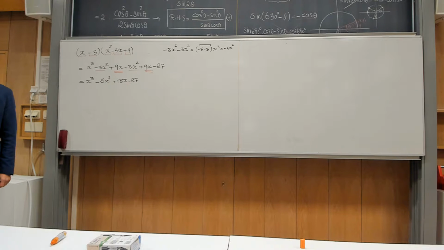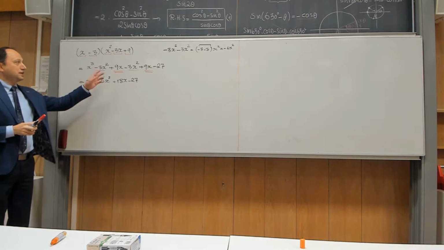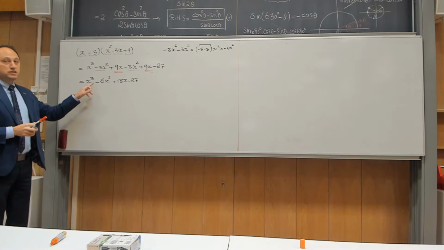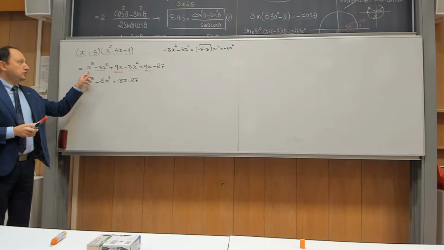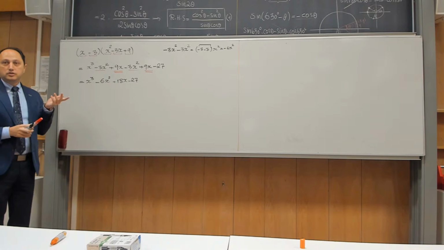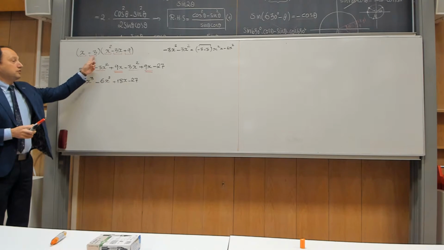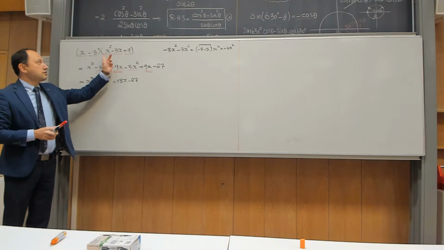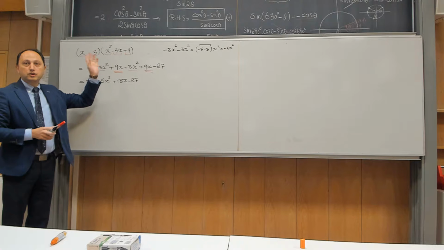Okay, so let me point something out. That's also good to make sure that you haven't ignored some of the terms. Before simplification, how many terms do you expect? It's easy. How many terms are involved in this pair of brackets? 2. How many are involved here? 3. So 2 times 3 is 6.